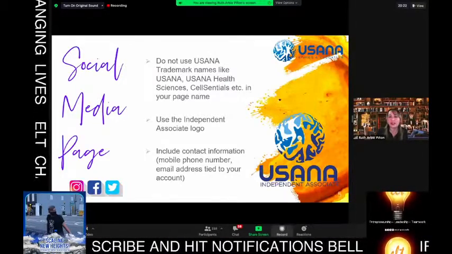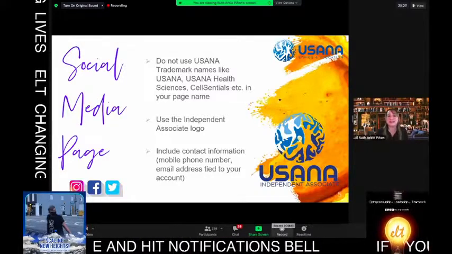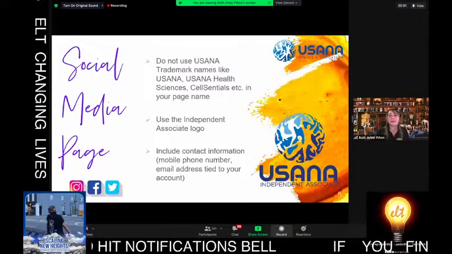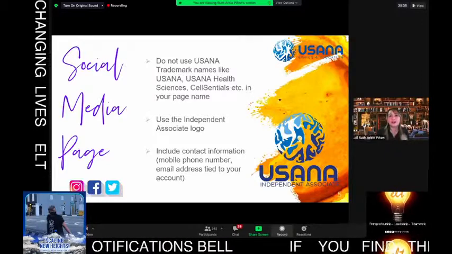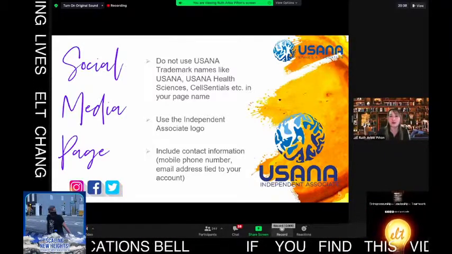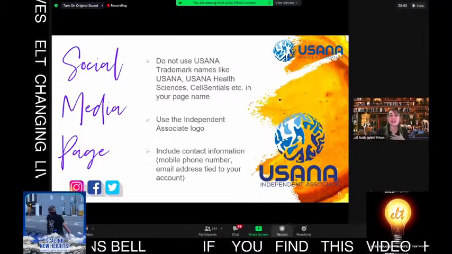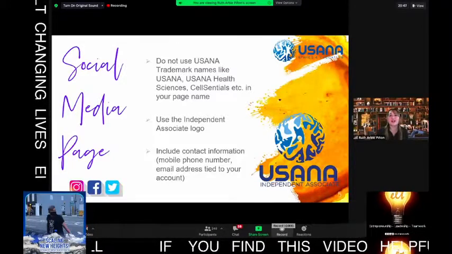So if you will create marketing collaterals, please use this independent associate logo. And I believe Miss Tintin will be providing you the copy of the independent associate logo. But if you were unable to download via our chat box, we will be providing our email address so that you can request for this copy.